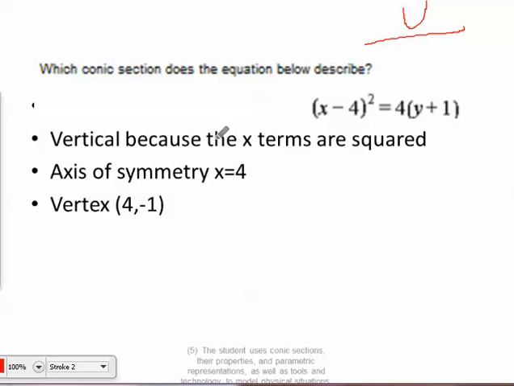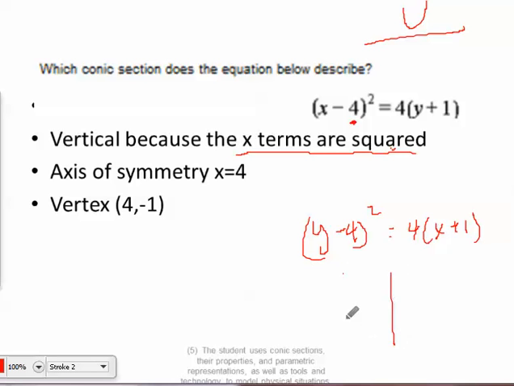Because what you've got to look at here is if the x terms are being squared, x minus h, remember this is going to be the vertex of it, right? The x value for the vertex. If it's the x value being squared, then you're talking about a vertical parabola. If I turned it around the other way and said y minus 4 squared is equal to 4 times x plus 1, now you're looking at a horizontal parabola.